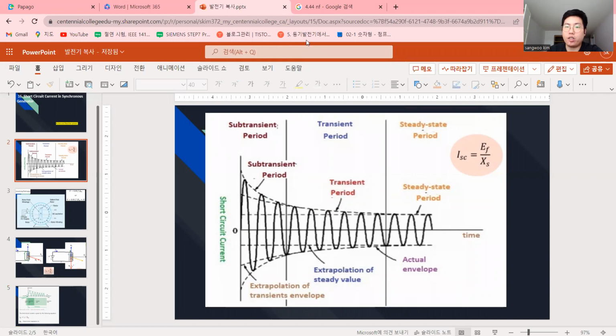It impacted this period, the dampers, and here the transient period is because of the field windings, so impacted here. And then in the steady state period, both of them have disappeared. You know what I mean?